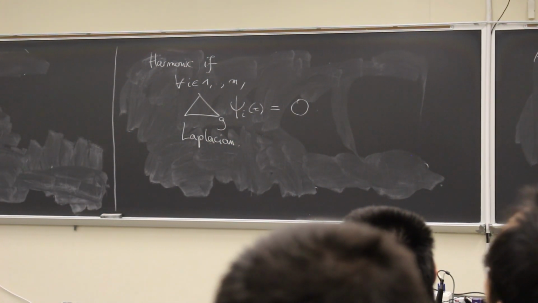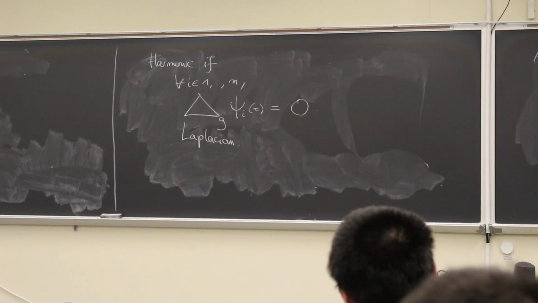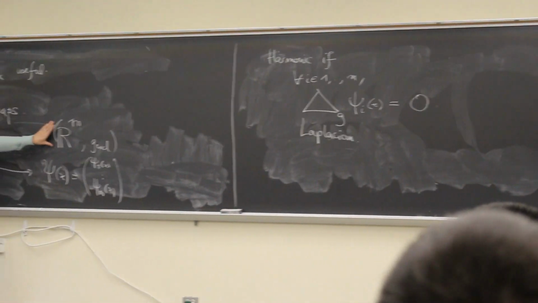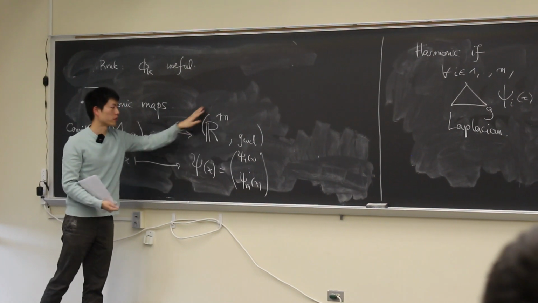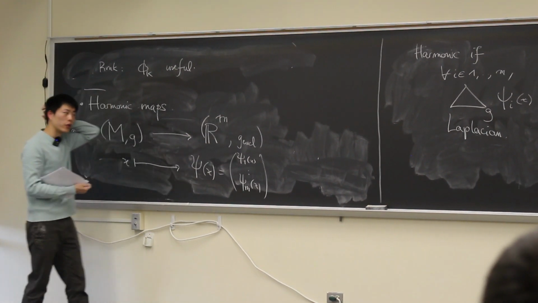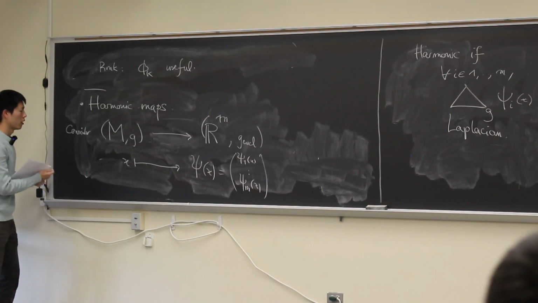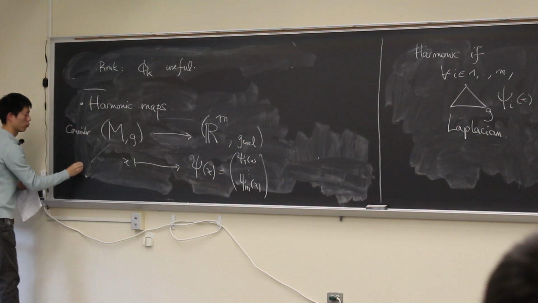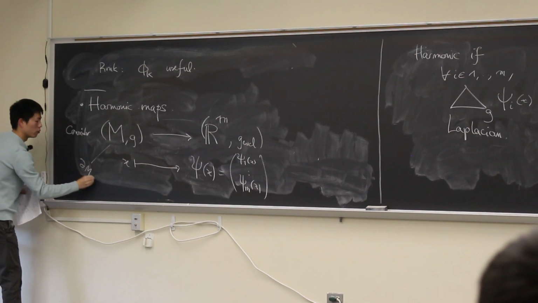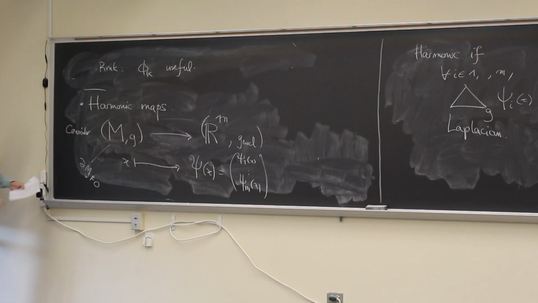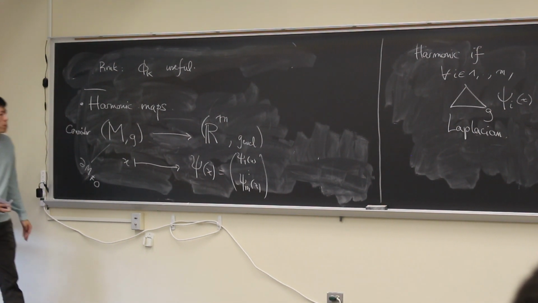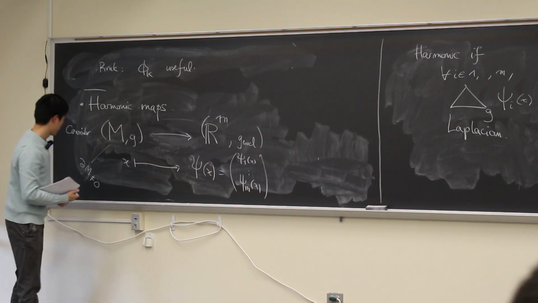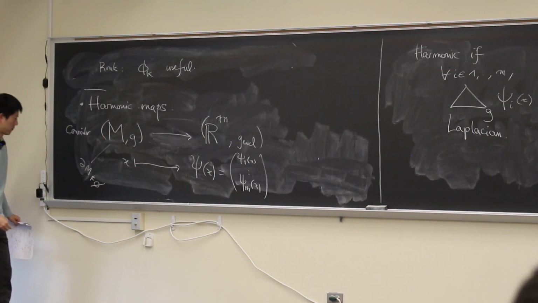And you can generalize that notion of harmonic maps when you replace this manifold by a more general Riemannian manifold. So here, maybe it's better to allow the boundary to be non-empty.